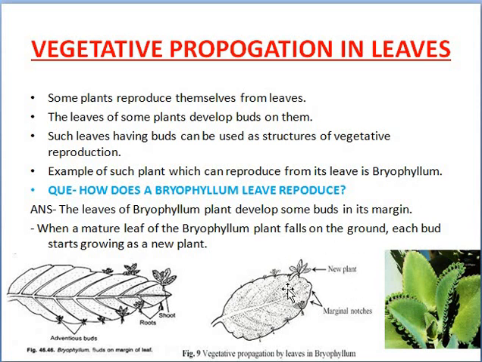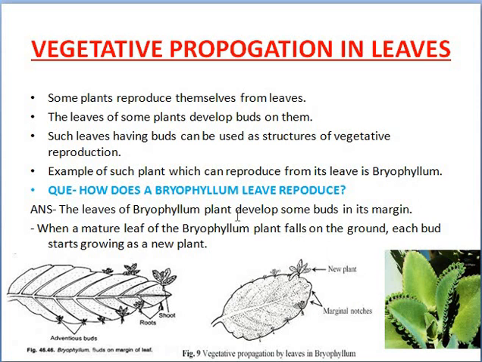You can see in the second figure, these buds will start growing as a new plant. So this is how a leaf can give rise to a new plant by a bud.